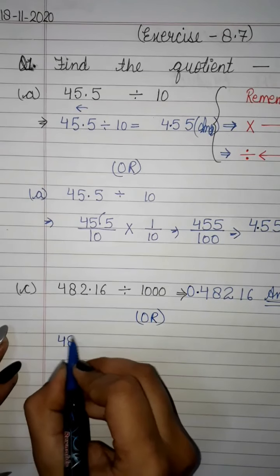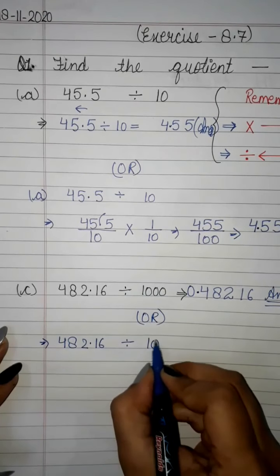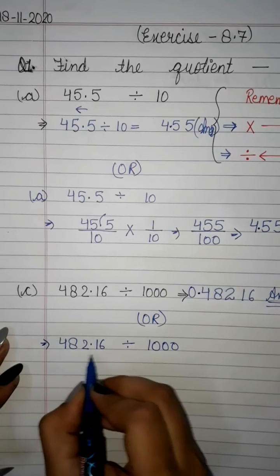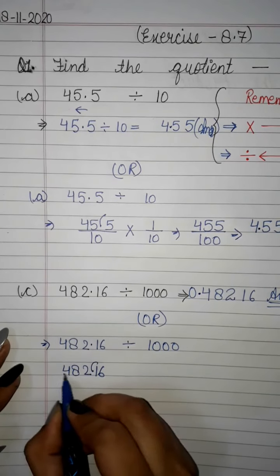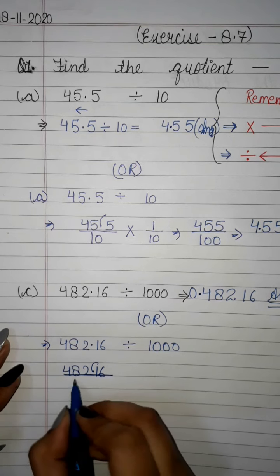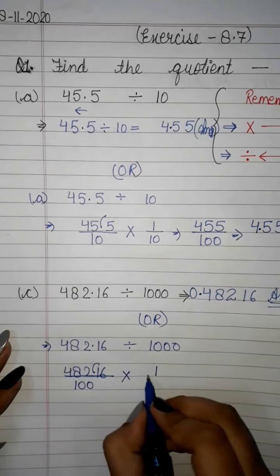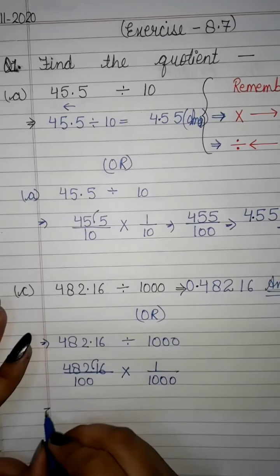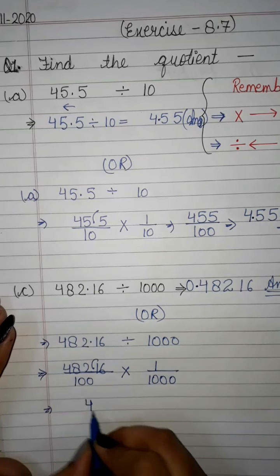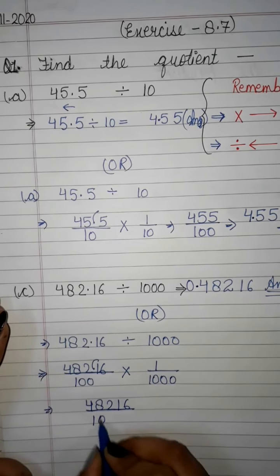And just see the solving, or you can do it this way. Just copy the question divided by 1000. Now remove this decimal. There are 2 digits after the decimal, so we can place 100 and reciprocate this 1000. So you will get 1 by 1000. Now multiply it. 48,216 by 1 and 5 zeros.